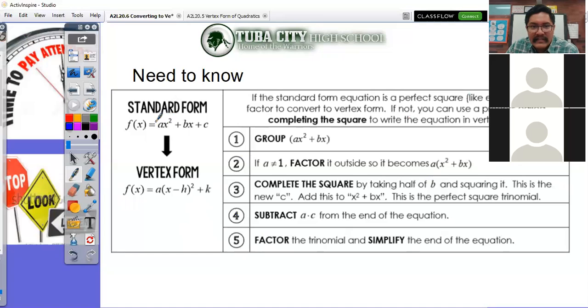Now, looking at the standard form, you have ax squared plus bx plus c. Step 1 is to group these together. So that's all we do. We just put a group on them, and that's it. If they have any similar factors, we have to divide both of them. Now, this is like the distributive property.